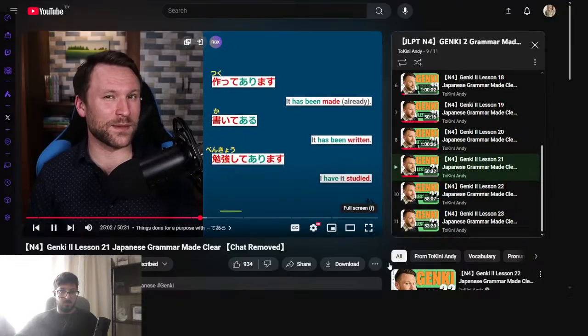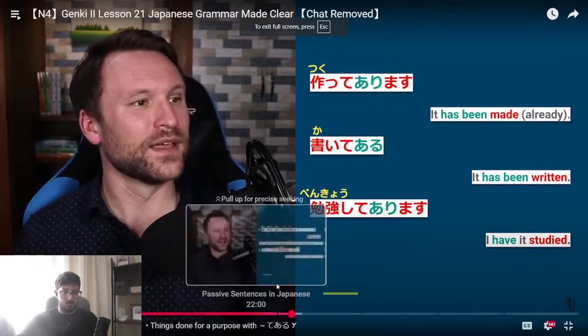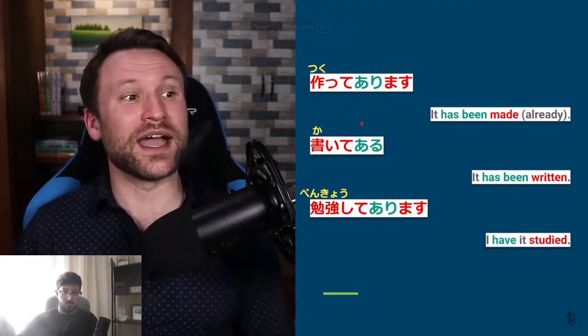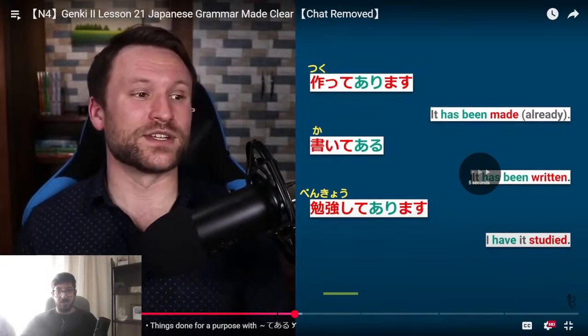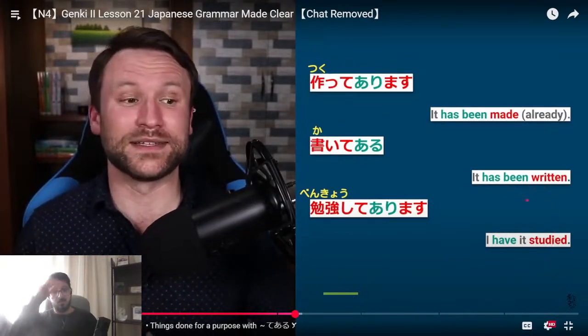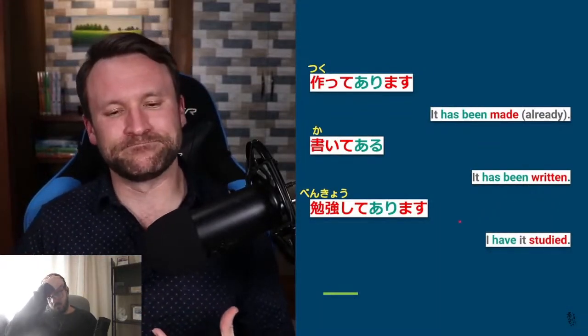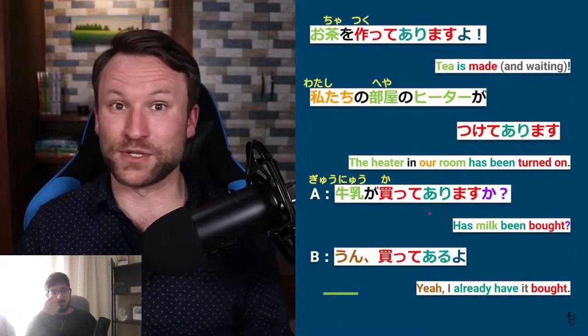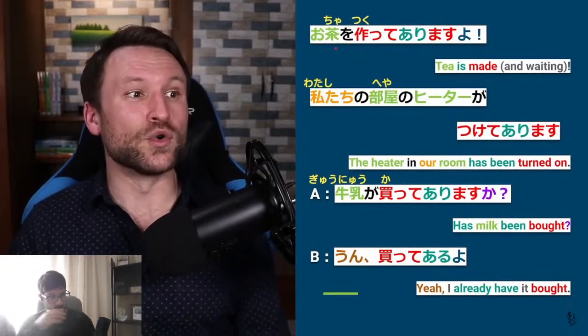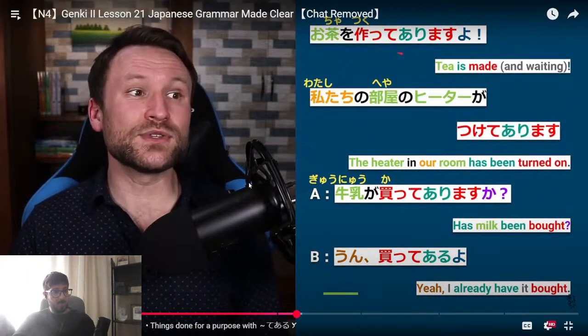Fine, let's go over some examples and it should make it a little bit more clear. So, 作ってあります. In some situations it's not necessarily obvious that it's the person speaking that did it. Exactly, there is nothing happening, there is no verb, of course. Describe the state of something.